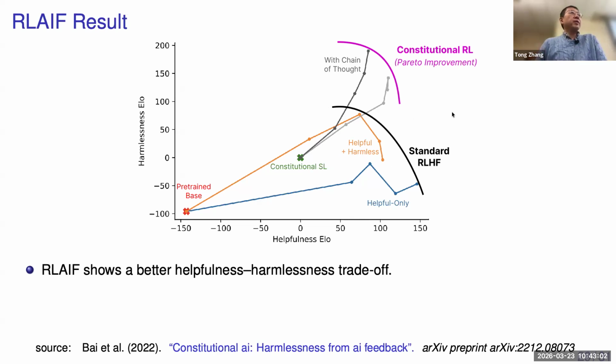In addition to this, you start to do this one, and there's also chain of thought, but we can ignore that. Essentially, it's a Pareto frontier improvement. This is constitutional, in more modern terminology called rubric-based, with a chain-of-thought reasoning reward model.